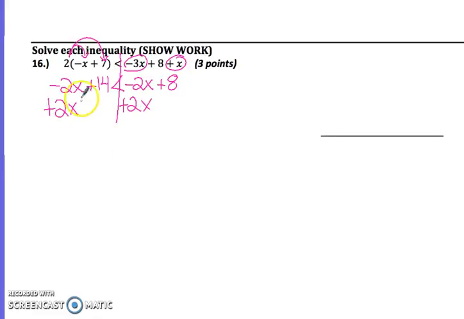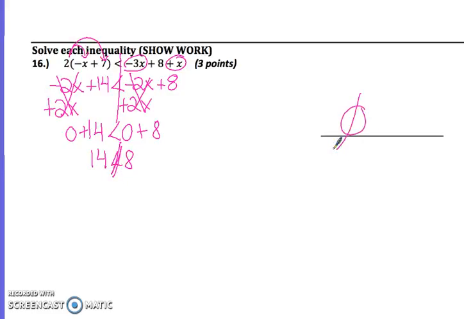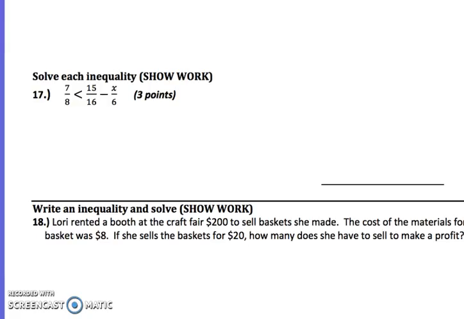Negative 2x plus x is 0. You can write 0 plus 14 to help you out. Is less than 0 plus 8. So you have 14 is less than 8. Is this true? No, this is false. So because this is false, there are no solutions. Remember, if it was true, it would be all real numbers.